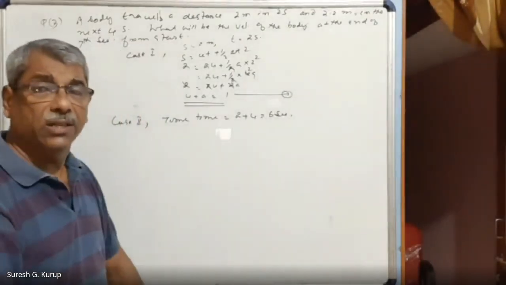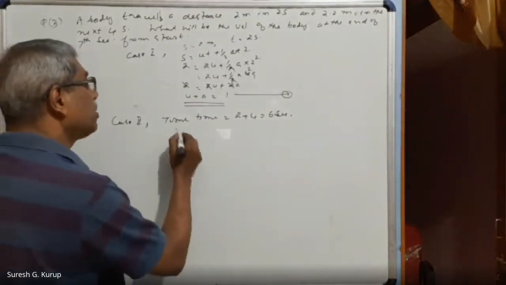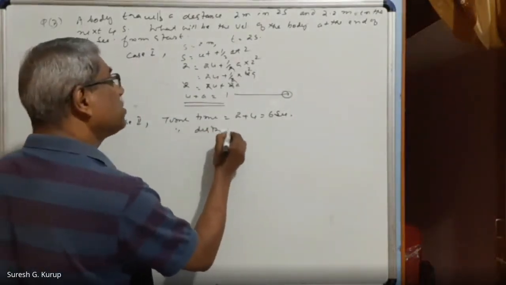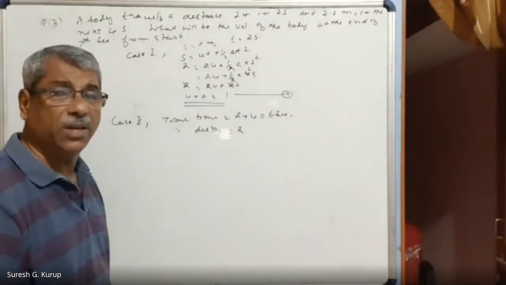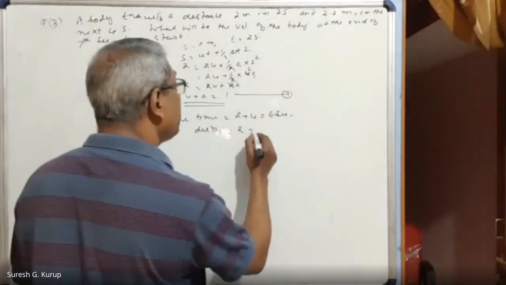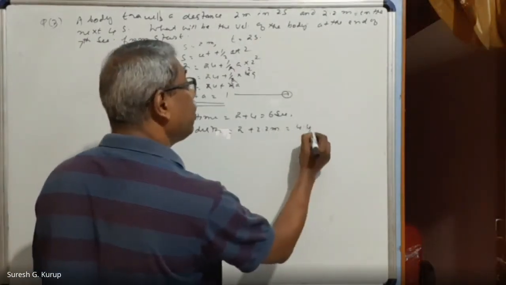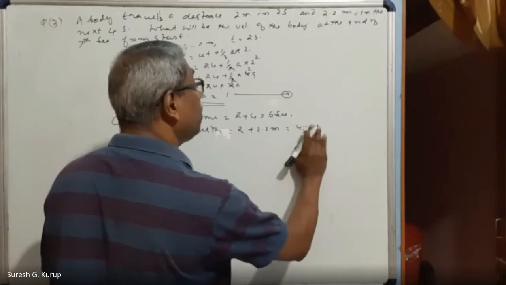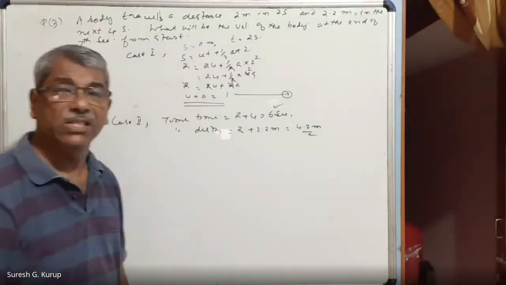In 6 seconds, how much will the body travel? Total distance is first 2 seconds, 2 meters, next 4 seconds, 2.2 meters. Therefore, total is 4.2 meters. The body travels 4.2 meters in 6 seconds.